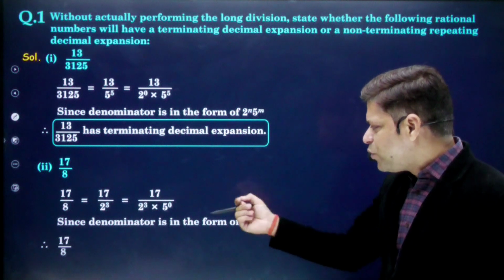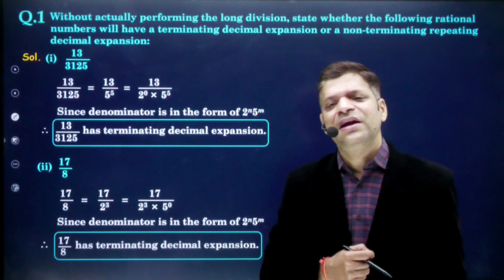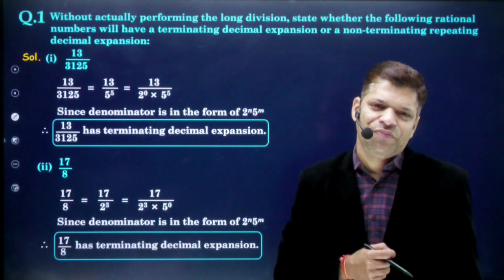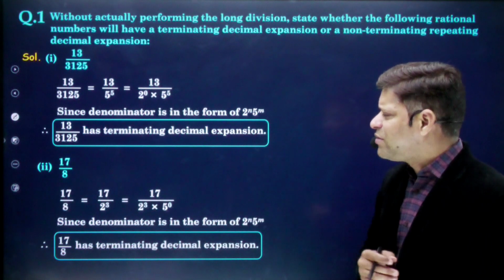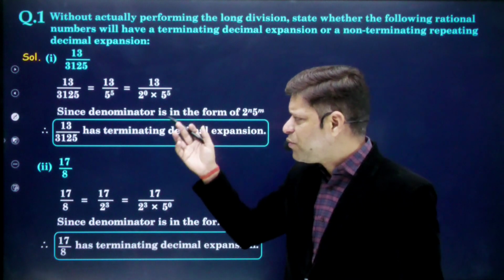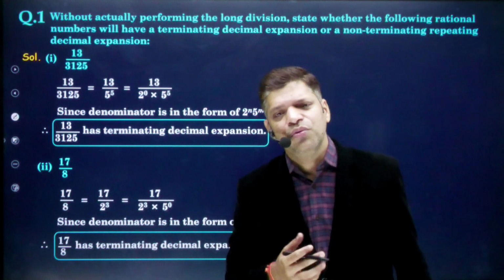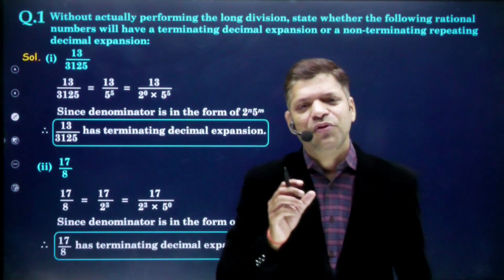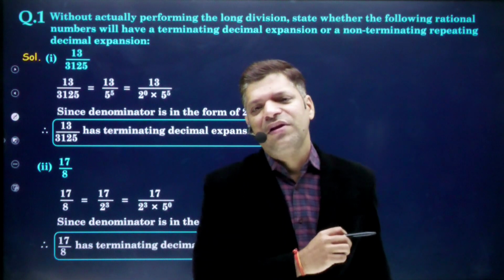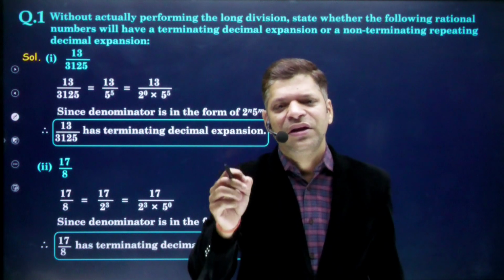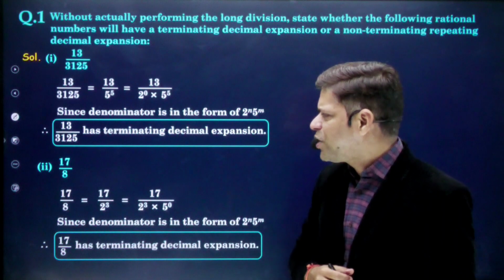So 17 over 8 has a terminating decimal expansion. By question number 1, parts 1 and 2, you understand that if we are given p by q, then how we will recognize that it is a terminating decimal expansion.